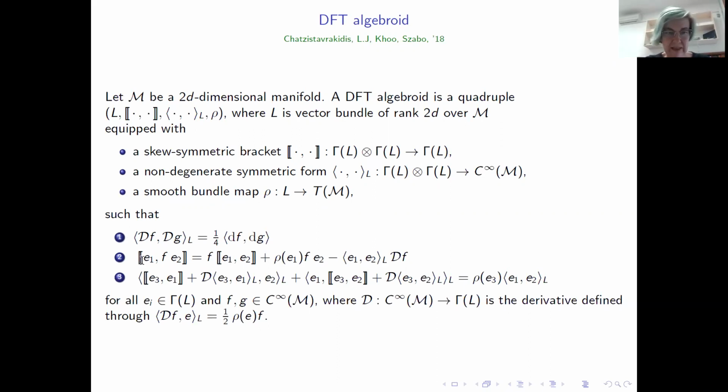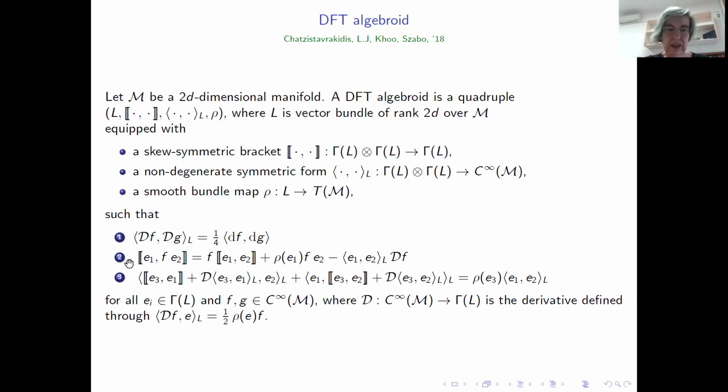So the second one is basically the Leibniz rule for the bracket. The third one is a compatibility condition between the bilinear form and the bracket. And the first one gives you something interesting I will show later, where this D is a map from functions to a bundle, but it's actually a differential and it has this particular form for a DFT algebroid.